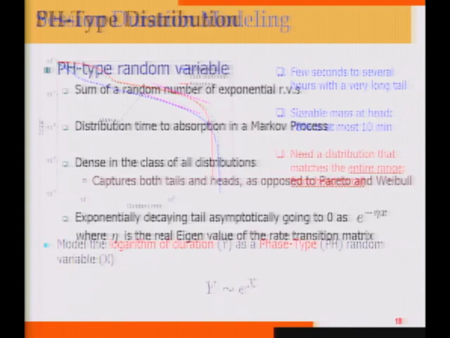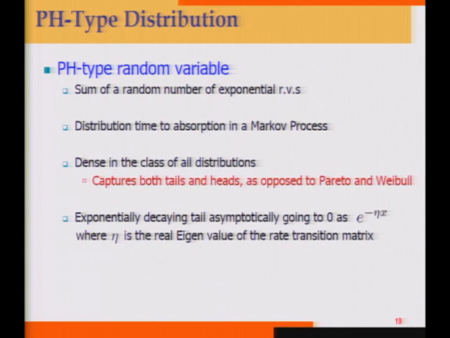A nice property of phase type random variables is that each is a sum of a random number of exponentials. Let me also give a justification for why we are doing non-homogeneous Poisson process modeling.